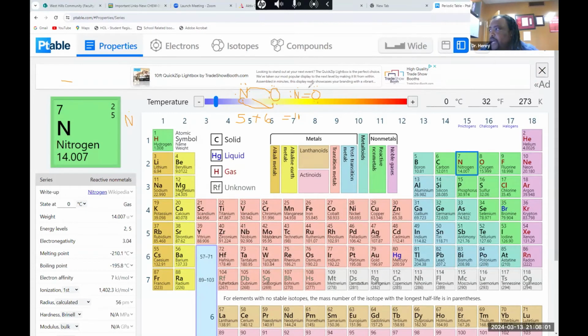So if we count what oxygen has around it, that's 2, 4, 6, 8. Nitrogen here has 2, 4, 6, 7. Since nitrogen is weaker in electronegativity, it's not going to be able to pull that electron more. So oxygen is going to make sure it gets its octet, and then nitrogen is going to be out of luck.